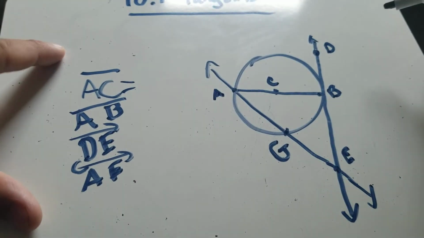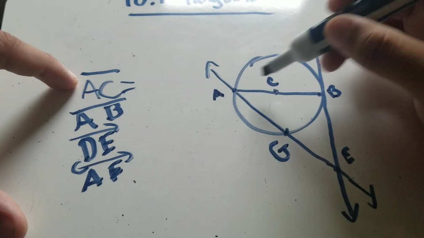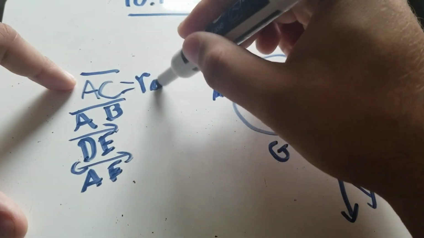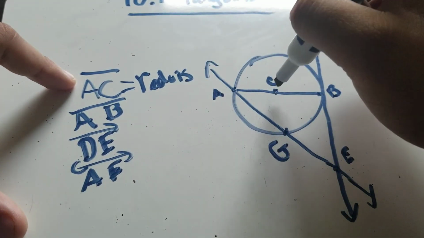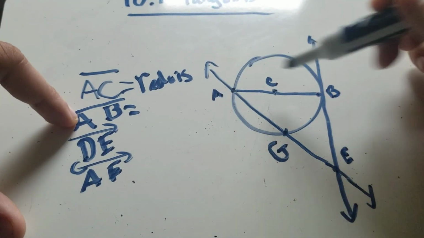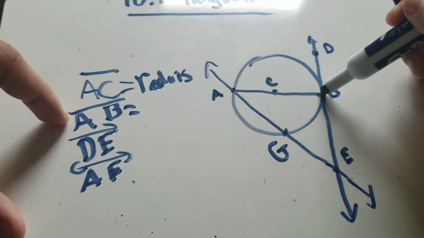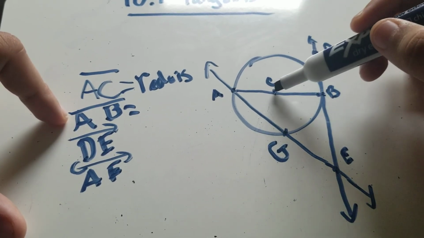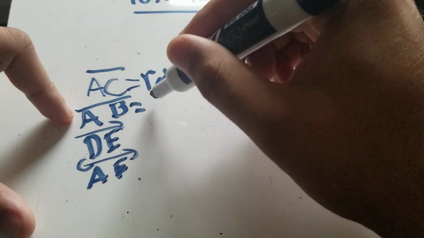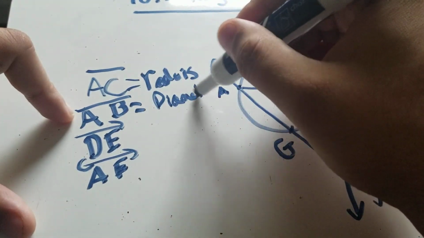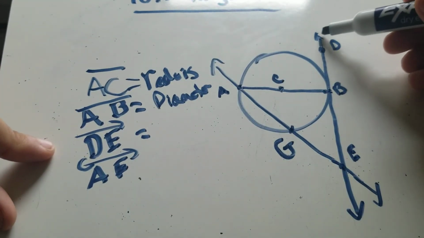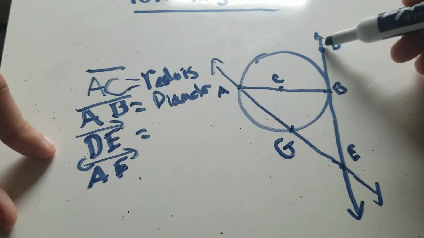Let's start with AC. AC is from the center to the edge. It should be an old word to you: radius. The definition of radius is from the center to the edge of the circle. Line segment AB goes from edge to edge of the circle. Is it a chord or a diameter? The difference is if you go through the middle, or the center, of the circle, that is a diameter. So this is a diameter. Okay, DE. They say ray DE, which doesn't really matter though.